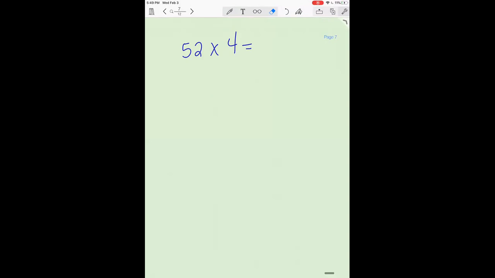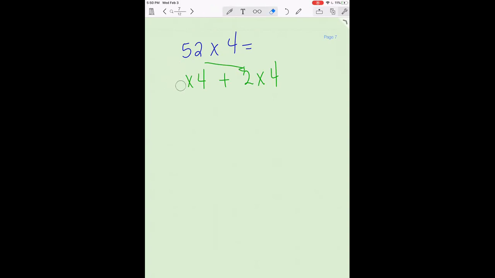So for example, with 52 times 4, when you're doing partial product, basically what you're doing is 50 times 4 plus 2 times 4. So you're breaking that 52 down into 50 and 2.